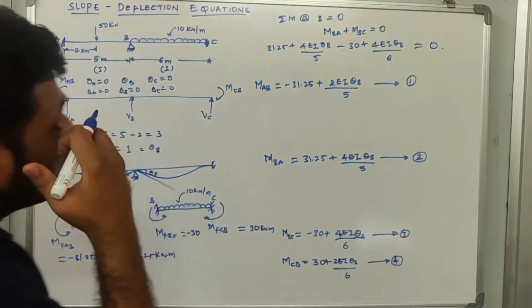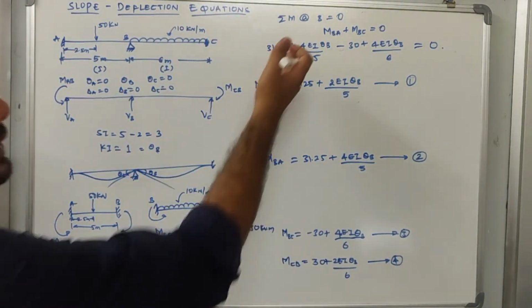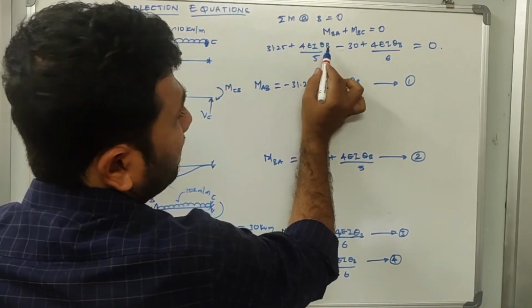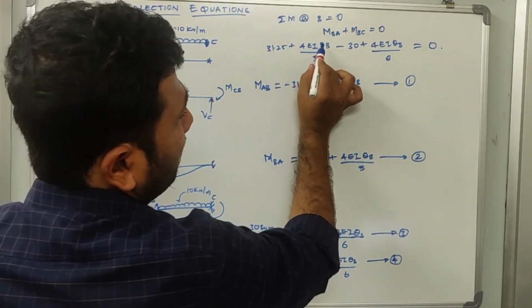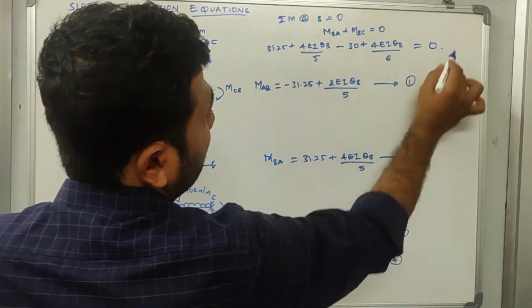Now from this, as you can see in this equation, EI theta B is unknown. So let me determine what is EI theta B from this above equation.